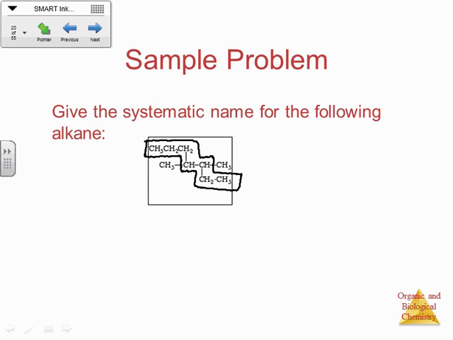If I start by numbering this as 1 and 2, and then this one would be 3, then our first substituent group comes right here on carbon 3. Now if I number it from the other direction, starting on this carbon, 1, 2, 3, 4, then our first substituent group would come at carbon 4. So I've got to number this from the bottom up. This is 1, 2, 3, 4, 5, 6, 7. We have 7 carbons in our longest chain.